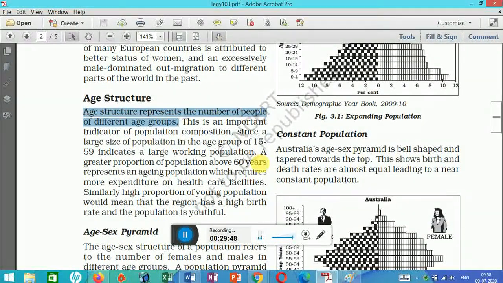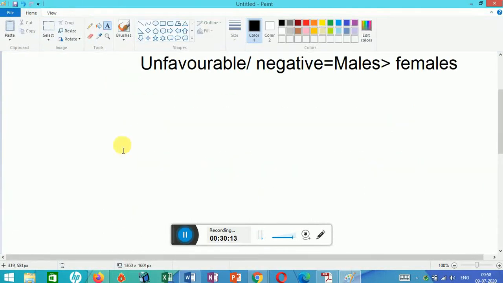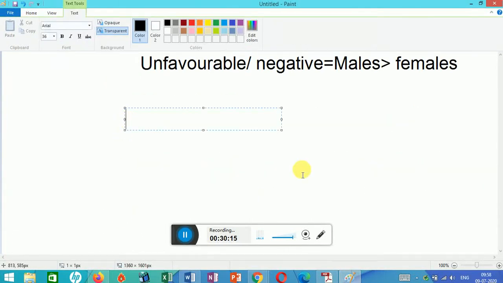This is also an important indicator of population composition, because a large size of population in the age group of 15 to 59 indicates a large working population. I think you might have learned earlier that we have three types of age groups.